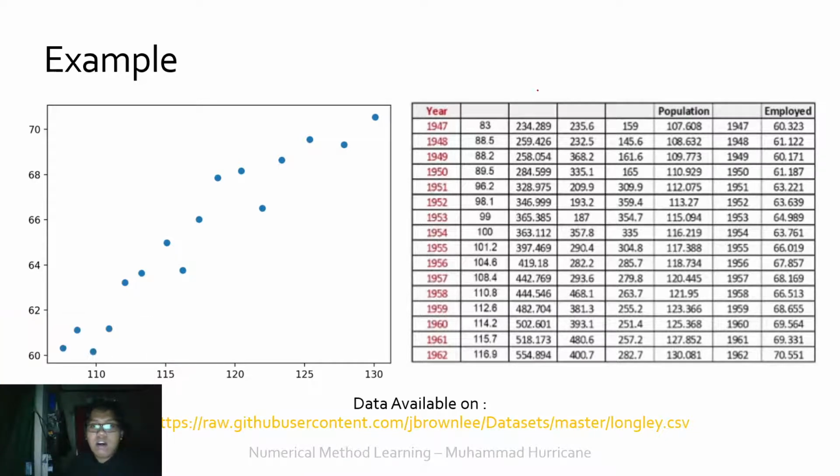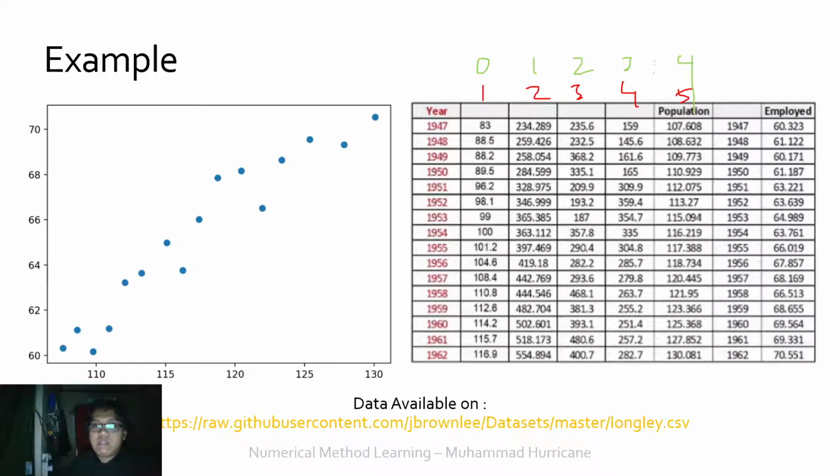As we know, this is 1, this is 2, 3, 4, and 5. But for indexing, it is not like this. It starts from 0, 1, 2, 3, 4.